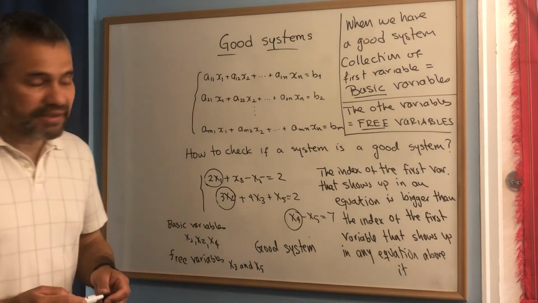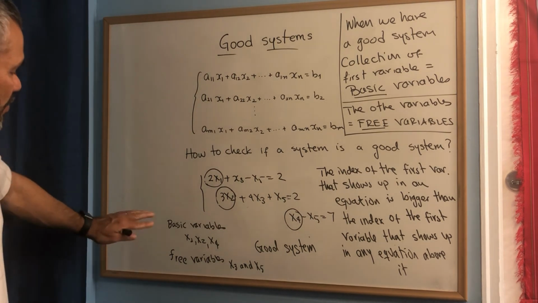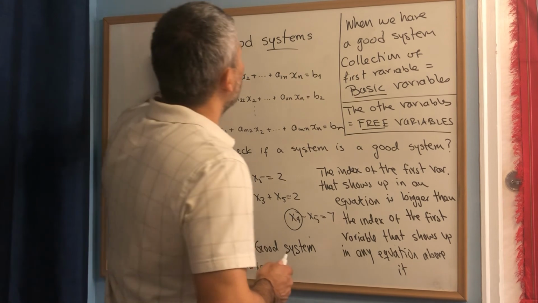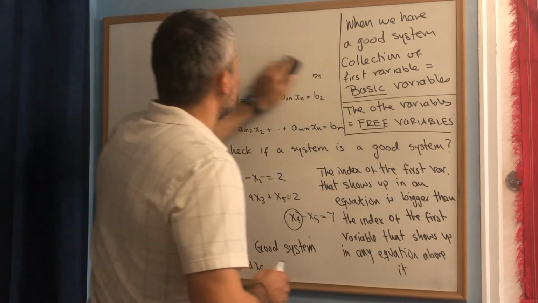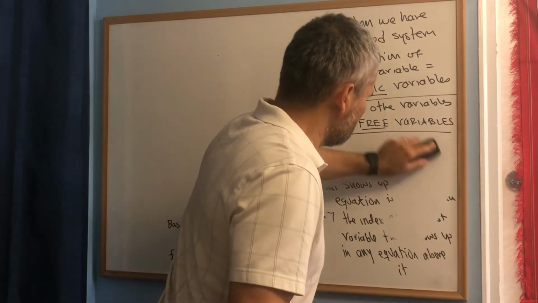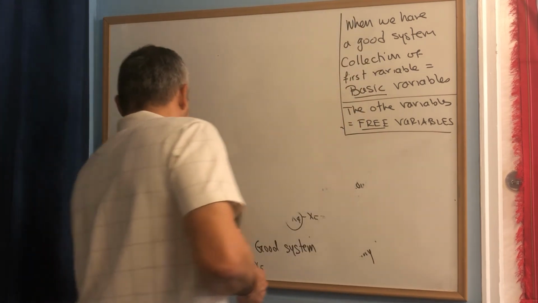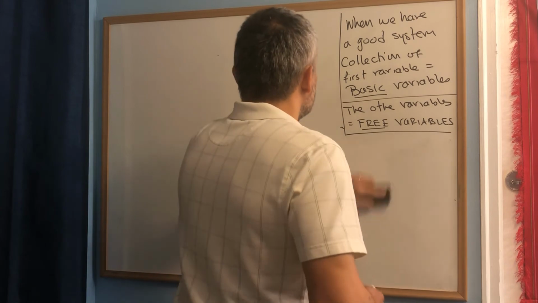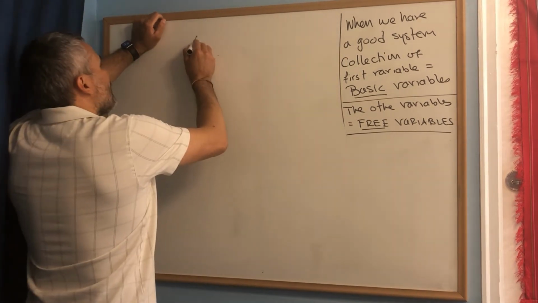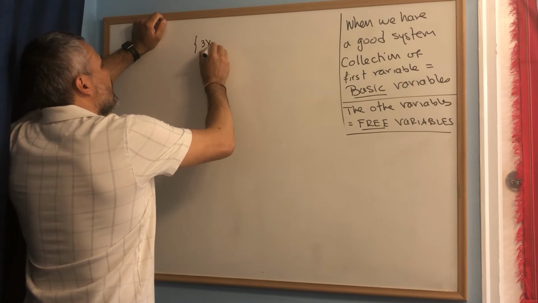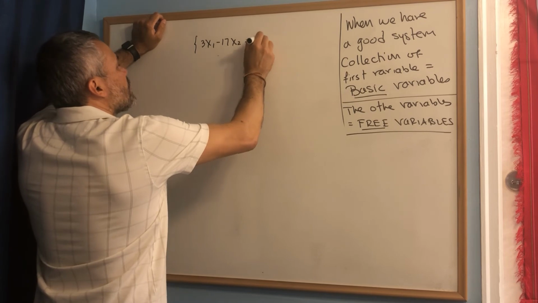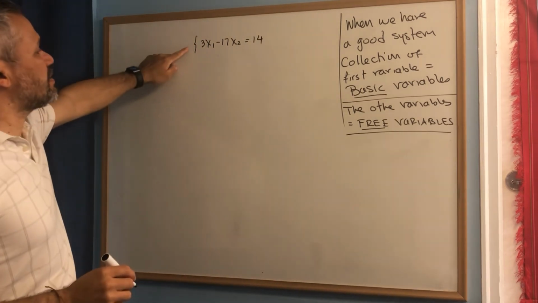Let's do more examples of these basic variables and free variables. If we have a system like 3x1 minus 17x2 equal 14, then this is a good system.